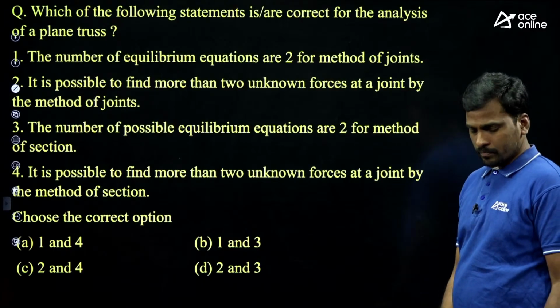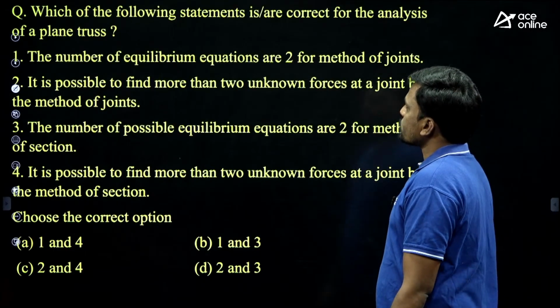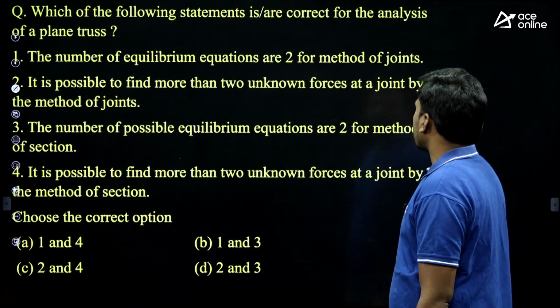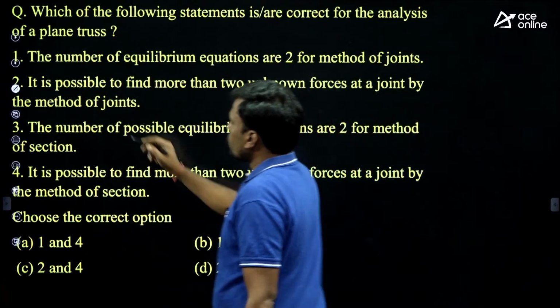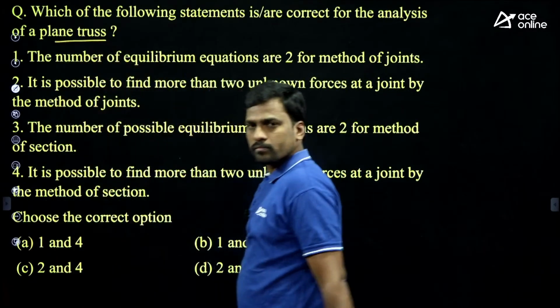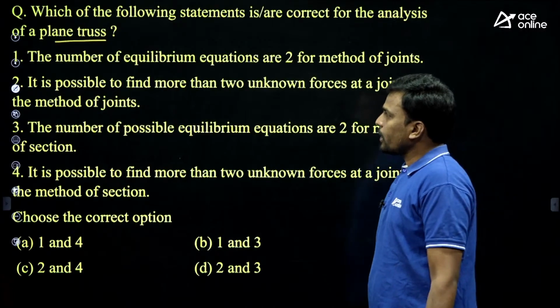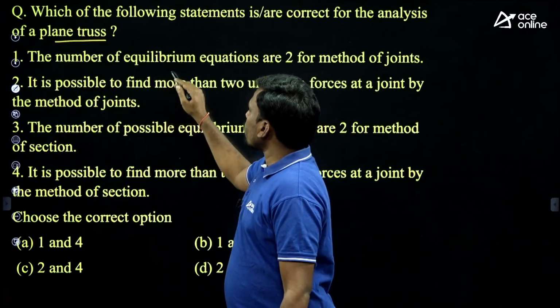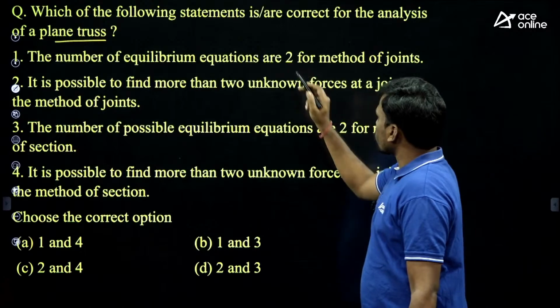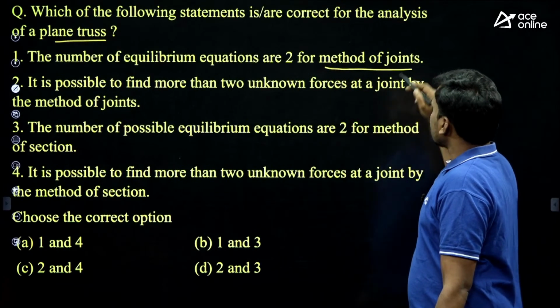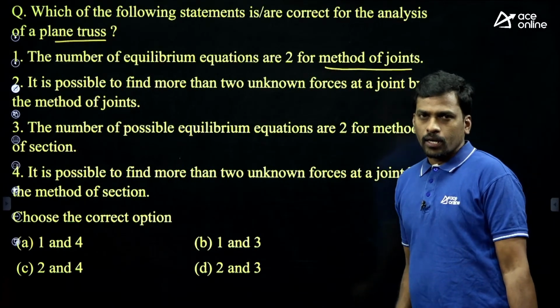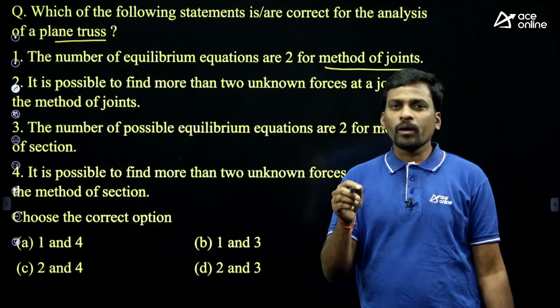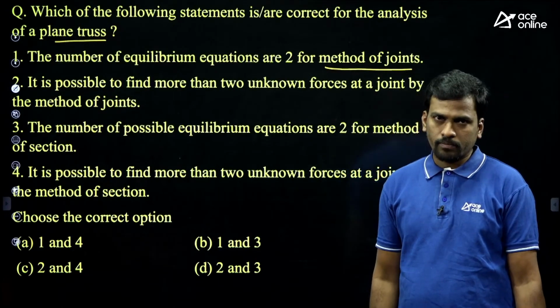Next question. Which of the following statements is correct for the analysis of plane trusses? Here, the number of equilibrium equations is 2 for the method of joint. Yes, in the method of joint, the equilibrium equation of a joint is considered.